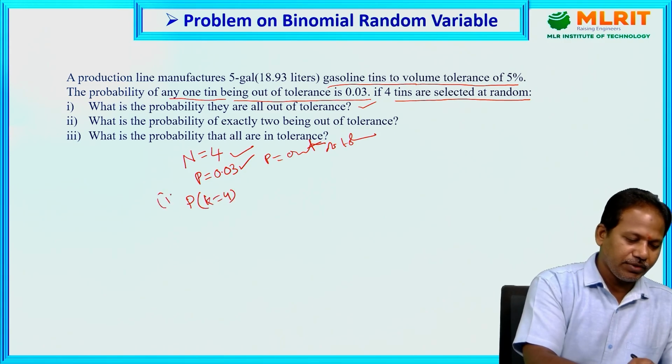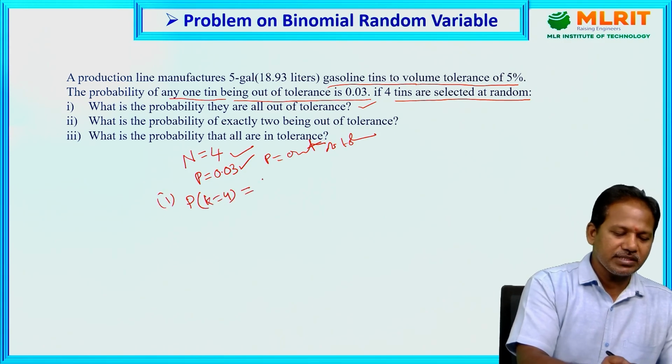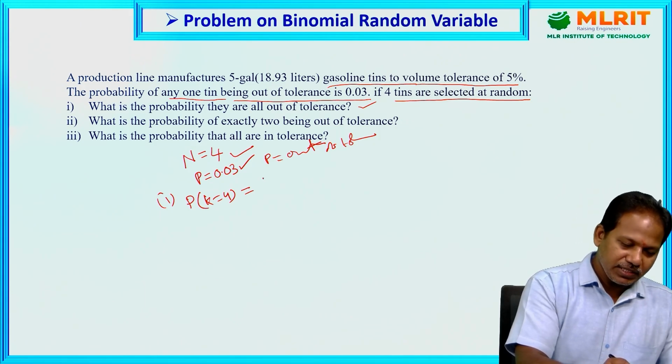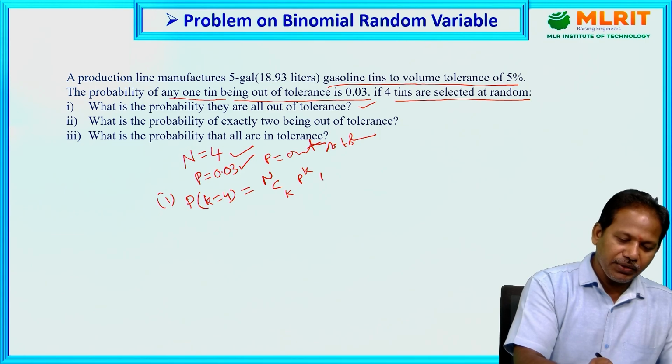P of K equal to 4 means we already know the formula, NCK P power K into (1 minus P) whole power N minus K. So here what is N? 4. 4C K, K equal to 4.